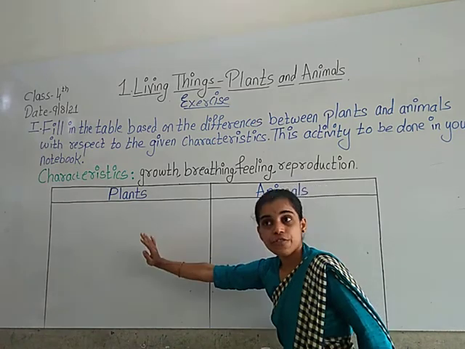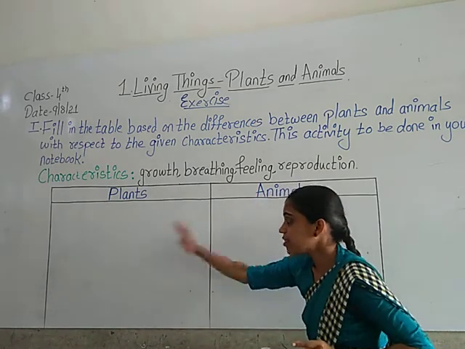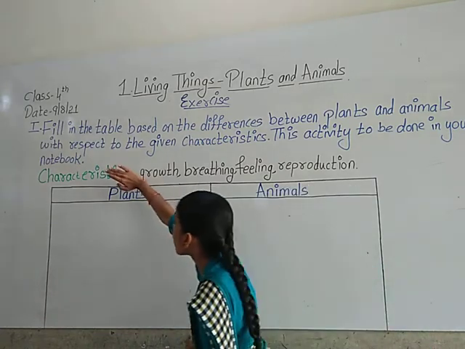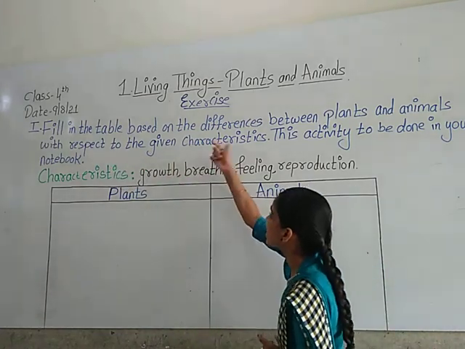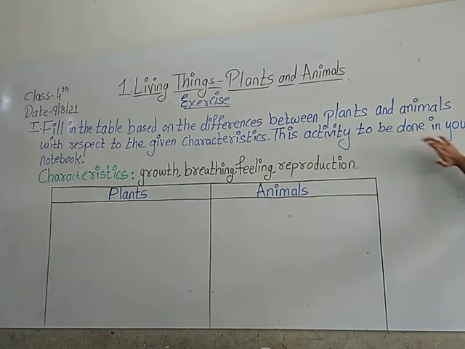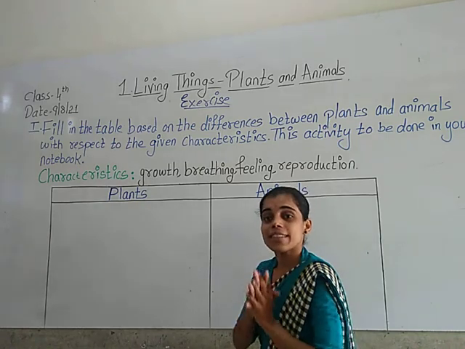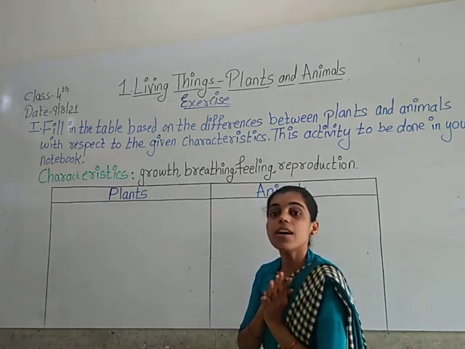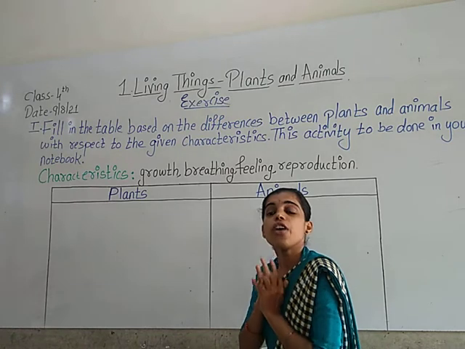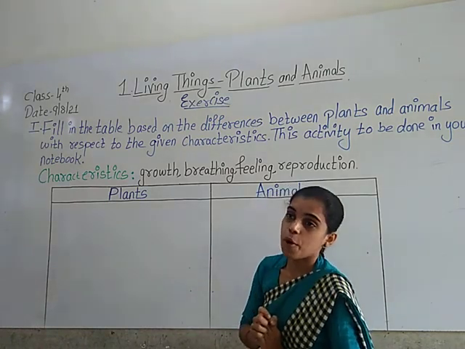We have to write the difference between plants and animals in this table with respect to the given characteristics. This activity is to be done in your notebook. So the first exercise from page number 170, you have to write it in the EVS classwork notebook.